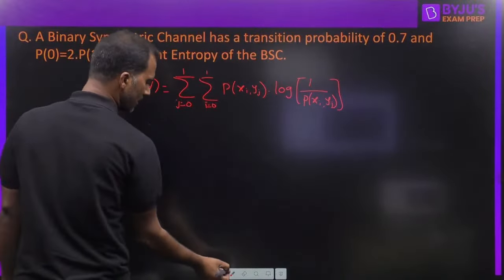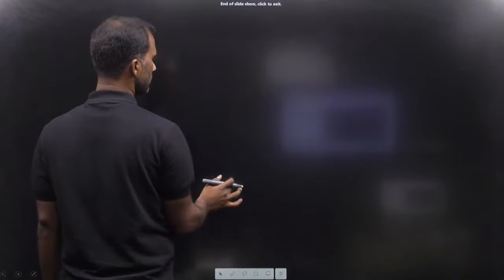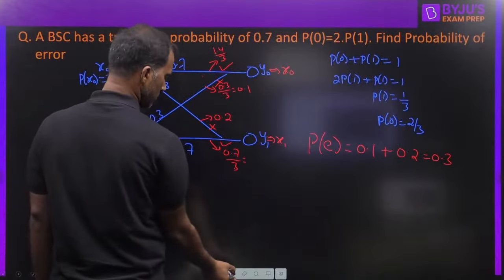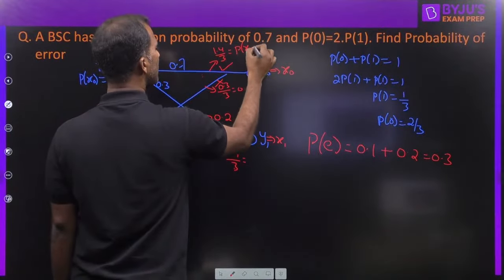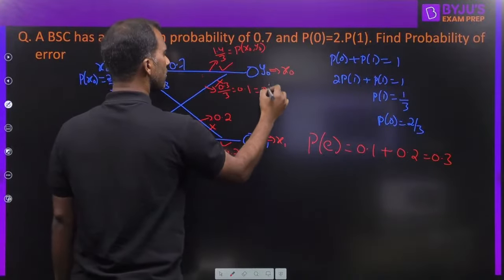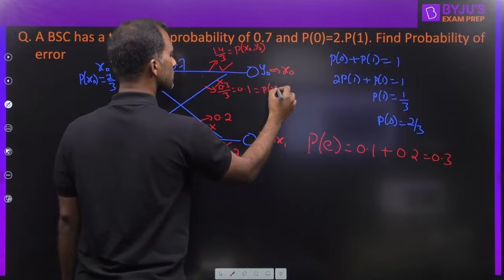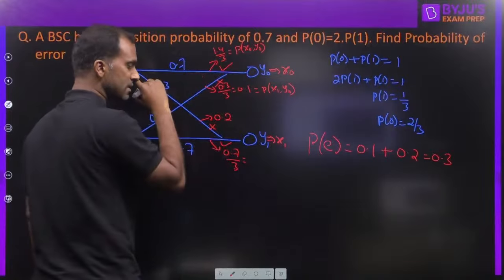Okay. So let's go back to the previous slide because we have already done some calculations. So this we know. This is P of x0 comma y0, or x0 intersection y0. This is P of x1 comma y0. Comma is same as intersection.